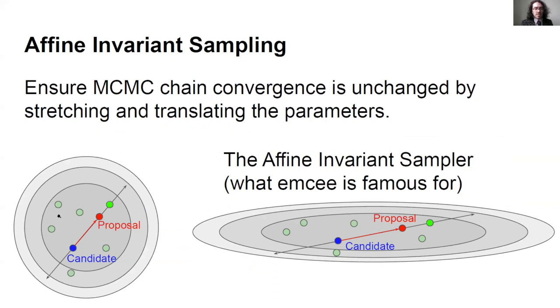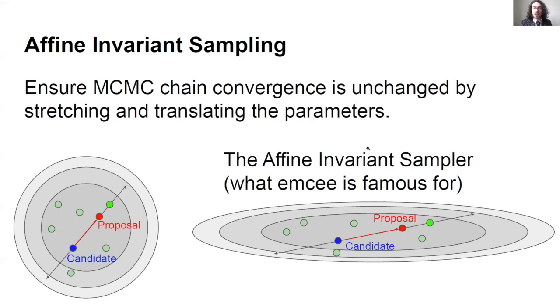The way the affine invariant sampler works is I lay down multiple copies, multiple little walkers, on my probability space. To make moves, I choose 2 of them: one that's a candidate, and then this green one, which I'm going to call the reference. Then I propose moves by moving along the line between the candidate and the reference.